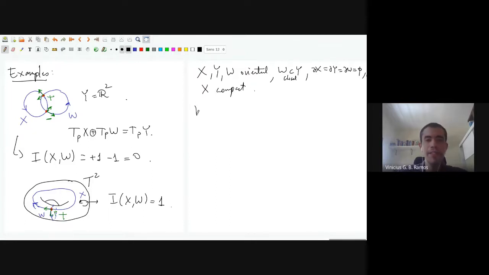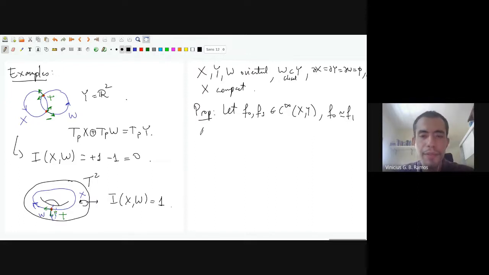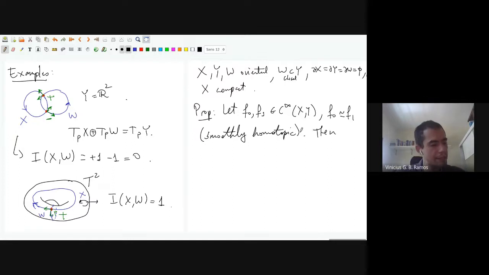Okay, now the proposition is that if I take two functions which are smoothly homotopic, and I'll explain what this means in a bit, then the intersection number of f0 with w is equal to the intersection number of f1 with w.